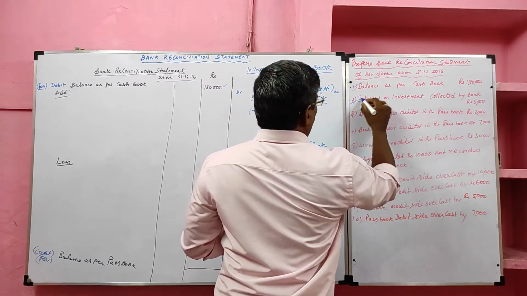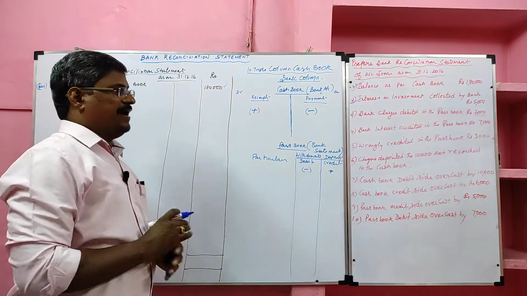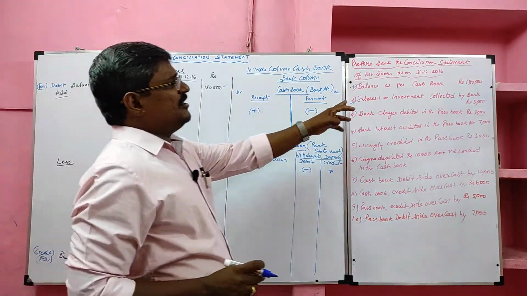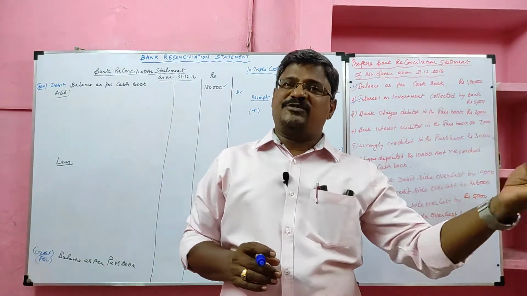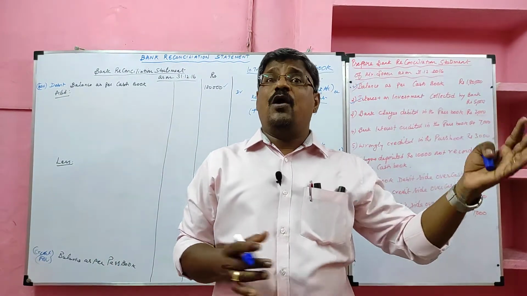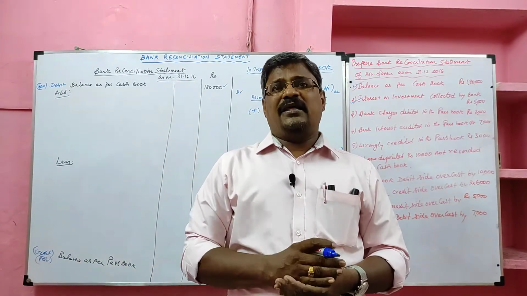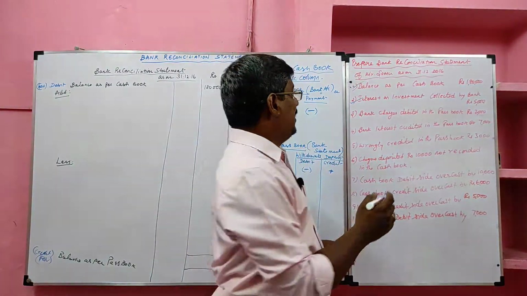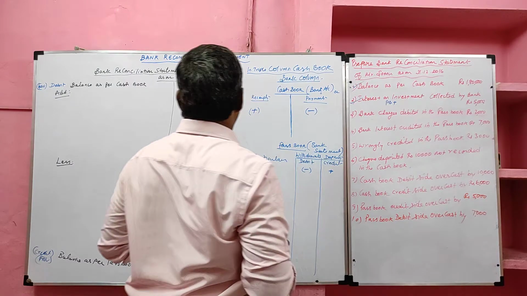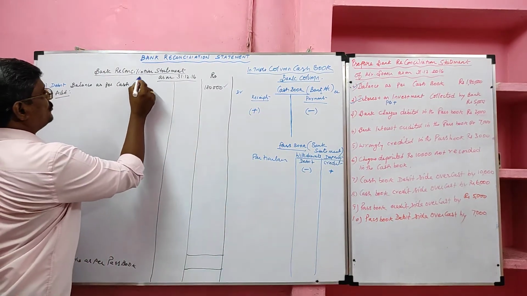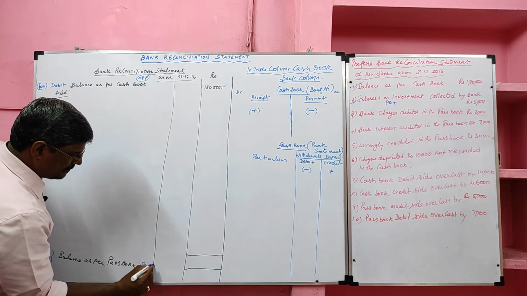Next, interest on investment collected by the bank. Interest on investment, the transaction was recorded in the passbook. When the bank collected interest, it was added in the passbook. Now what we have to do: for cash book we should give the opposite effect, for passbook we will give the same effect.